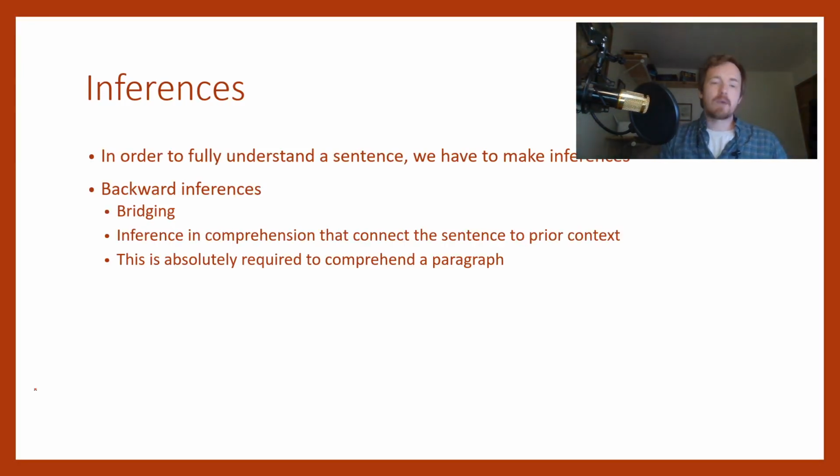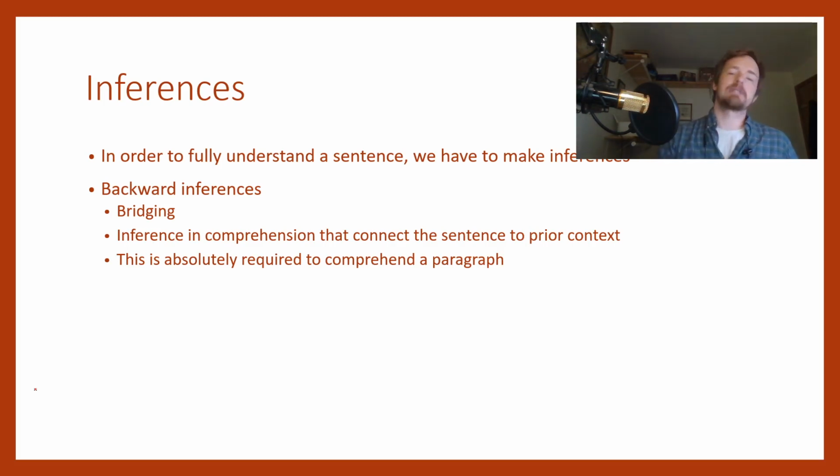A backwards inference is sometimes called bridging, and ultimately this is whenever you are thinking back to what you just read. You are understanding the next sentence by reflecting on what you just read and integrating it into what you just read.